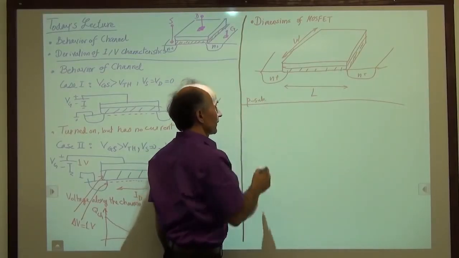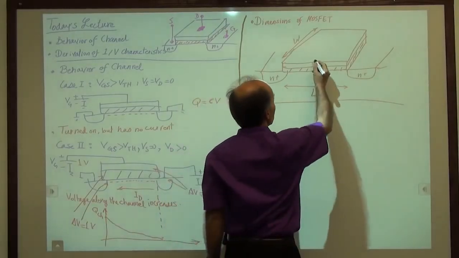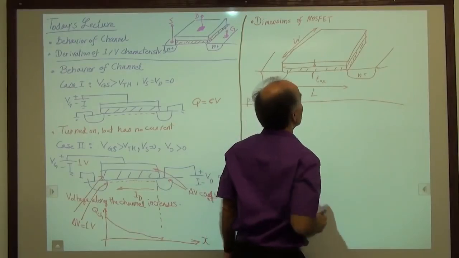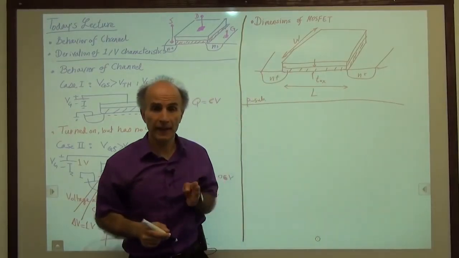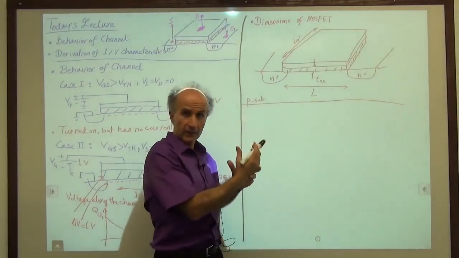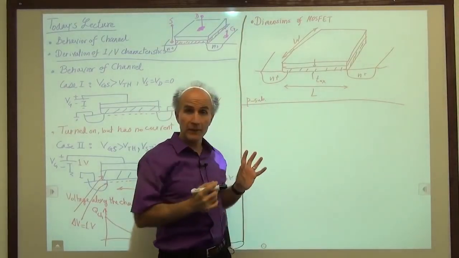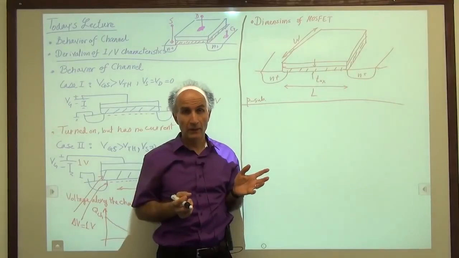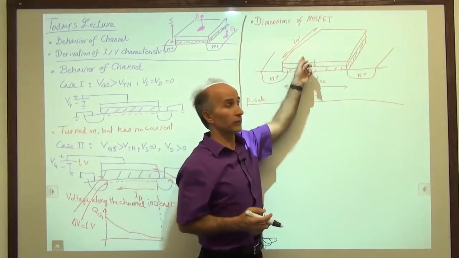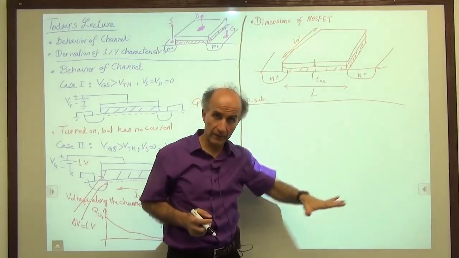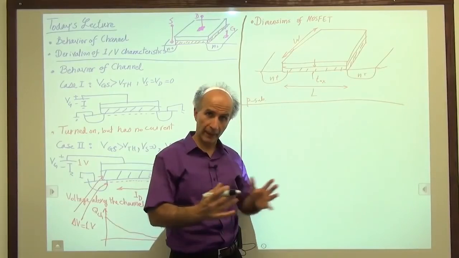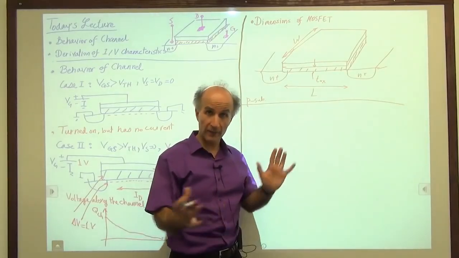Now, of course there was a third dimension, which we called the oxide thickness, this one. But it's important to understand that if I am a circuit designer playing with these devices, I can adjust some of these dimensions, but not the others. The dimensions under my control are L and W, because when I draw this device in the layout, I can make W big or small, and L big or small, within some limits.